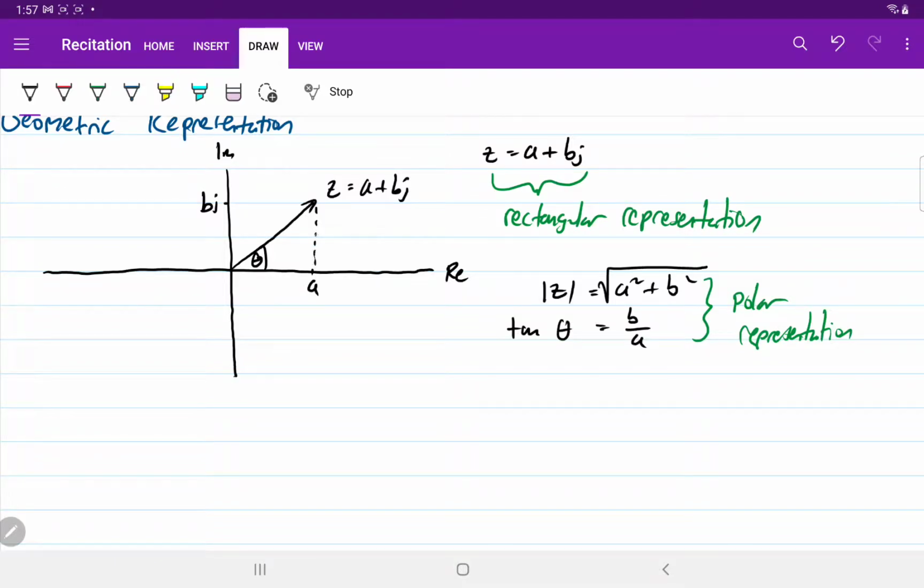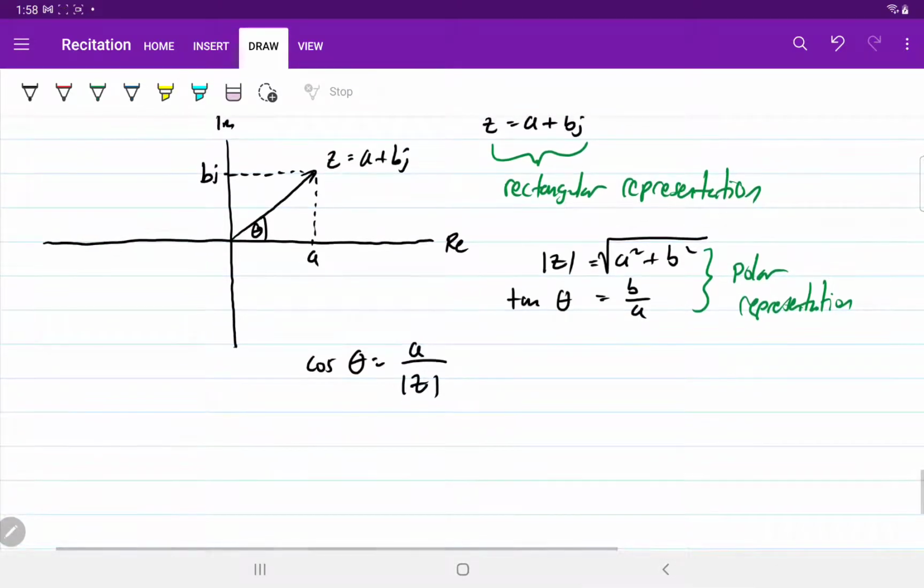So if we draw these lines, then we know what cos theta is. Cos theta is a over the modulus, right? And sin theta is b over the modulus, right?